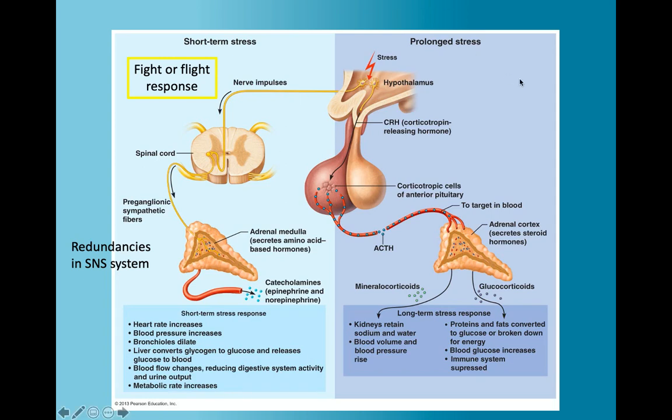With chronic stress, here you're seeing all of those other corticosteroids come into place. So ACTH being released from the anterior pituitary, acting on the adrenal cortex. Mineralocorticoids shown here, glucocorticoids shown here. So mineralocorticoids, the one that I asked you to know is aldosterone.